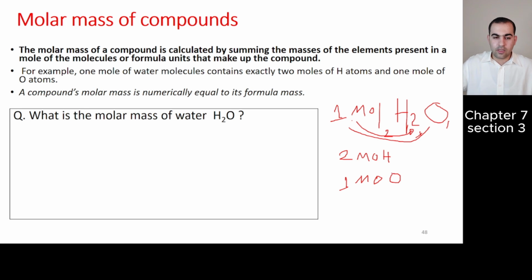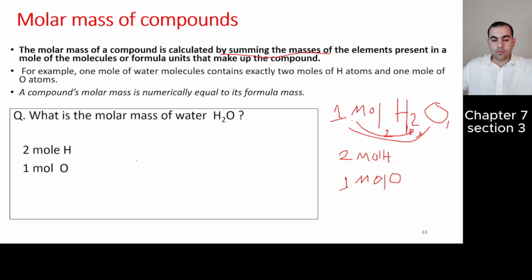So here it says molar mass of a compound is calculated by summing the masses of elements present in a mole of the molecules, in 1 mole of molecules. In 1 mole of H2O, we have 2 mole of hydrogen and 1 mole of oxygen.